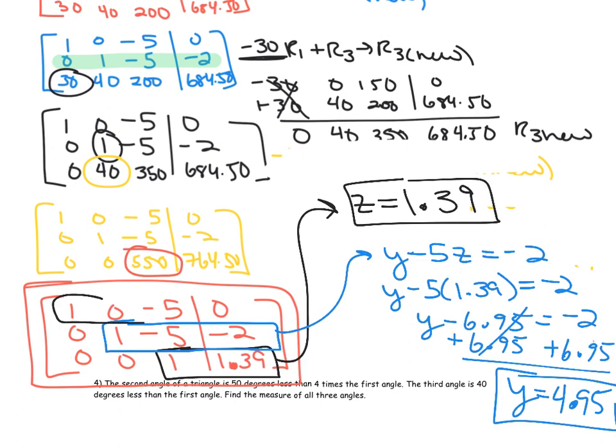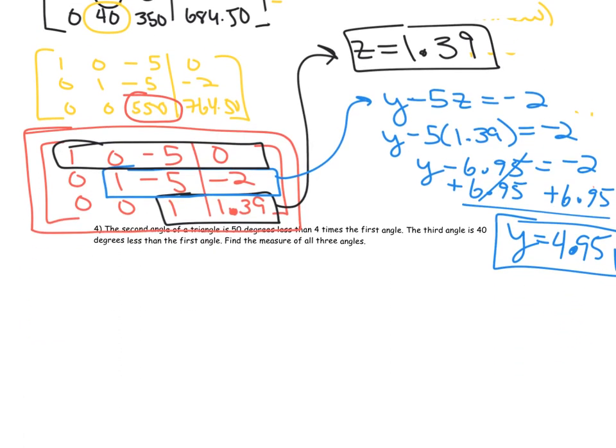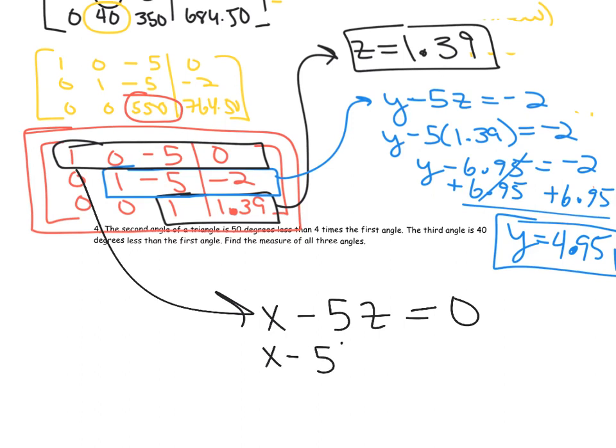So let's take a look. And I'll write that down here. So now we have X minus 5Z is equal to 0. X minus 5 times 1.39 is equal to 0. Well, 5 times 1.39, as we said before, was 6.95.